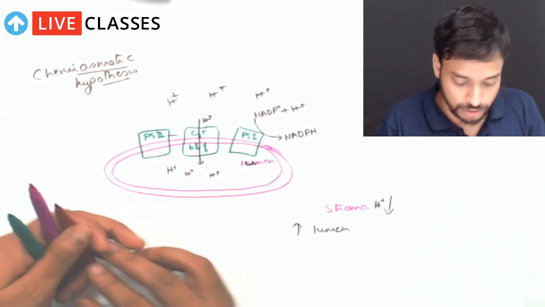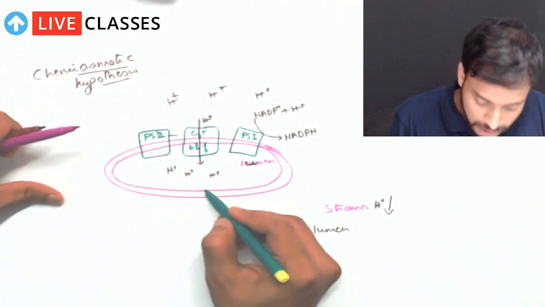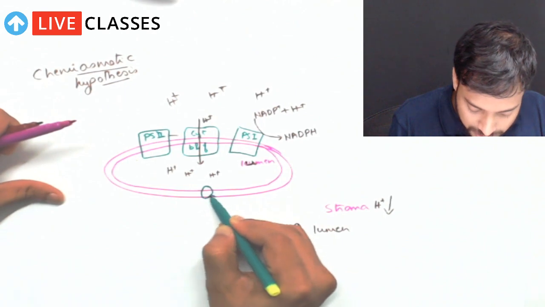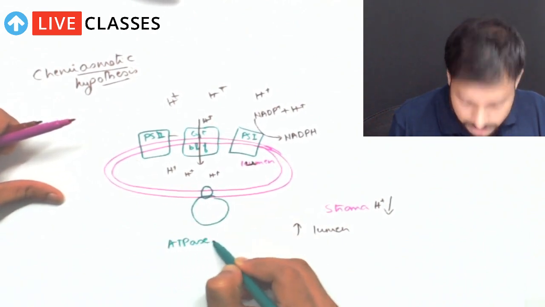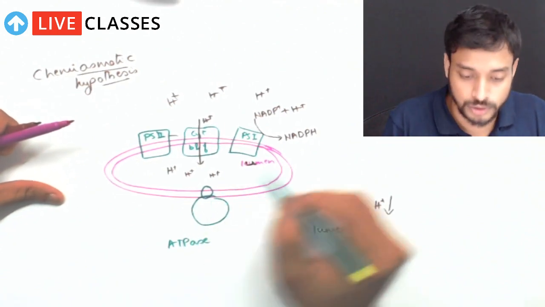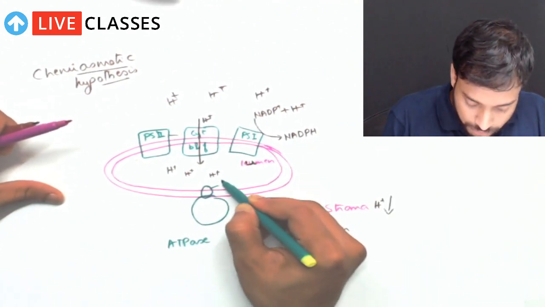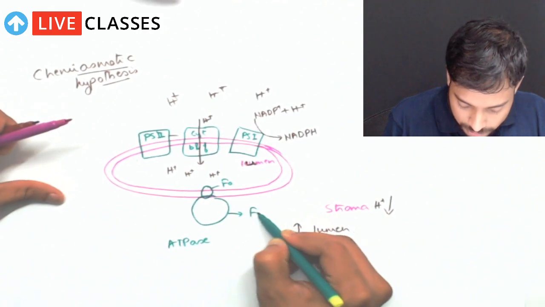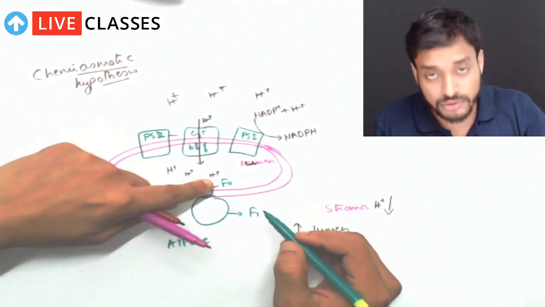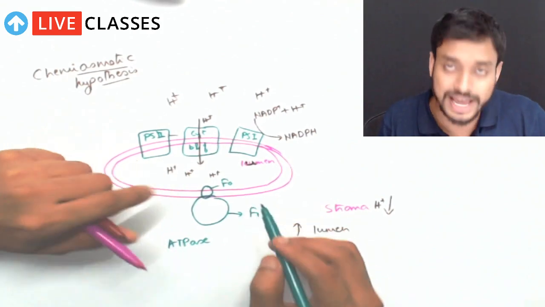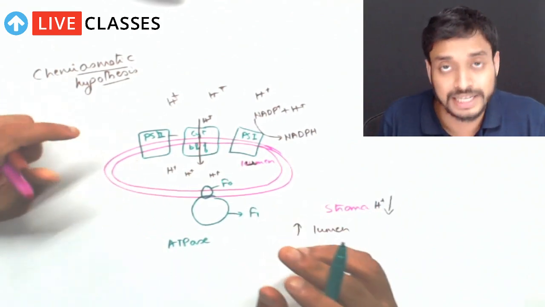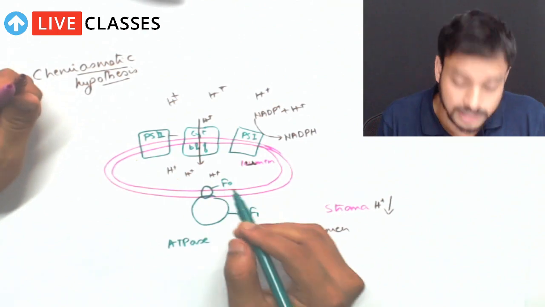Now happens the wonder. Here we have a complex which is the ATPase system, which has two components. This is the F0, this is called the F1. This F0, because of the presence of H plus, acts as a transmembrane facilitated transporter.